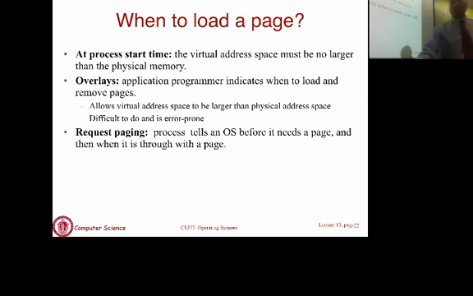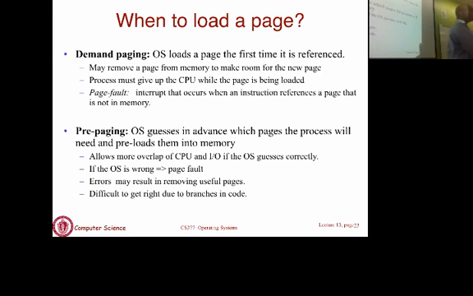Okay, so the fourth approach is going to be demand paging, which is you fetch pages on demand. What the OS does is it says that it's not going to do anything until the process actually requests a page that is not in memory. Let the process execute. Whenever it executes an instruction that accesses a memory address, say in a page that's on disk, we are going to have what's called a page fault.